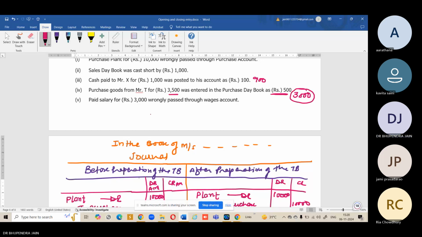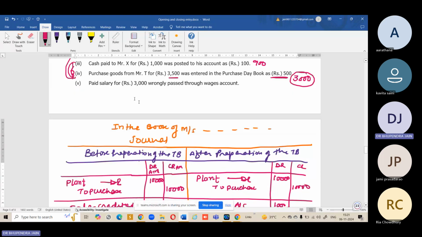So, purchase of goods from T for rupees 3500 was entered in the purchase book. Where do we do it from? I think same as entry number third, no, sorry, the same as entry number second. So just pass the entry.